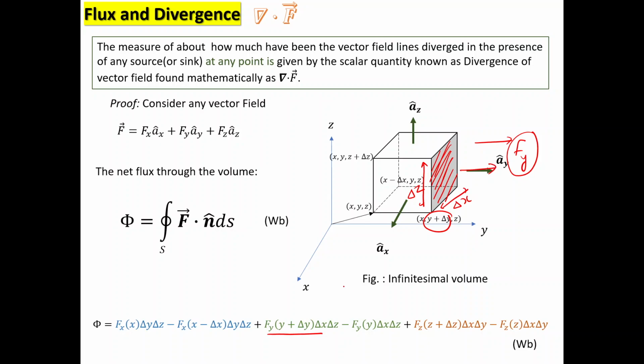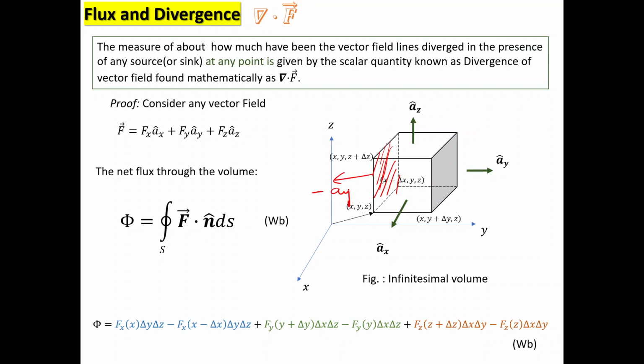Now if we consider the just opposite face, its outward normal will be in the minus ay direction, and it is situated at the point y. Hence this will be the total flux in the y direction.